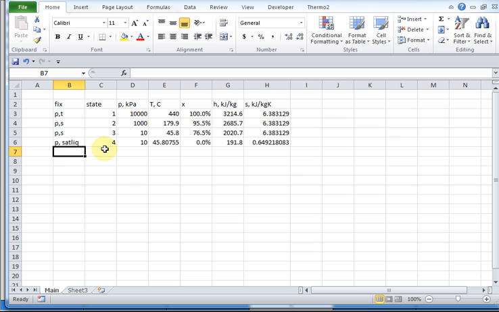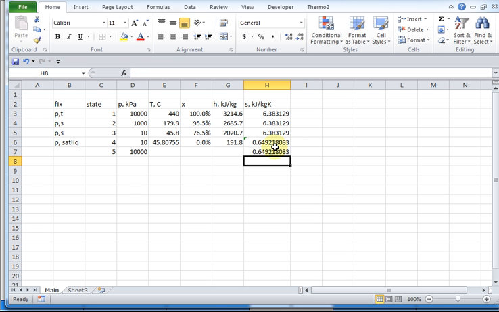Now let's go to state 5. What was that? That was after our pump, wasn't it? Well, our pump is going to boost us up to what pressure? 10 MPa. And here's where doing it by hand will diverge a little bit from the code. The pump is reversible, true? Is the entropy the same?